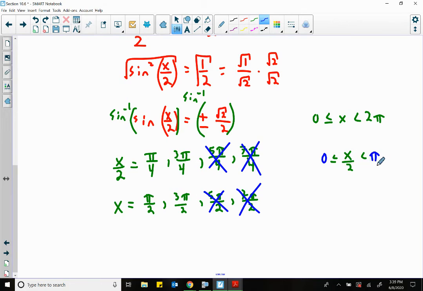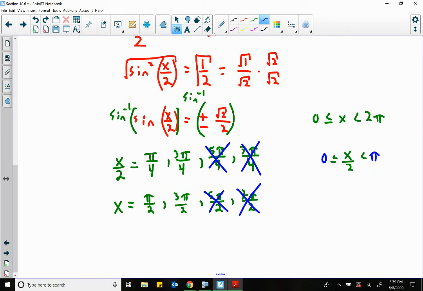The only ones that are below pi are 3 pi over 4 and pi over 4. So I could have eliminated two of these extra answers based off of the interval for x over 2, the half angle, or in the end, I can look at my interval and eliminate based off of x. So this is where it's going to be important to watch those intervals.